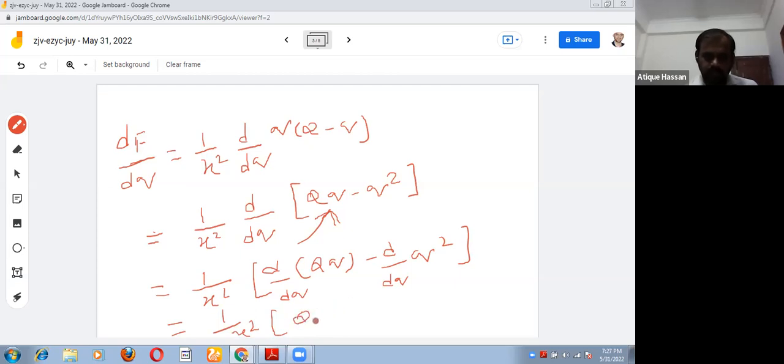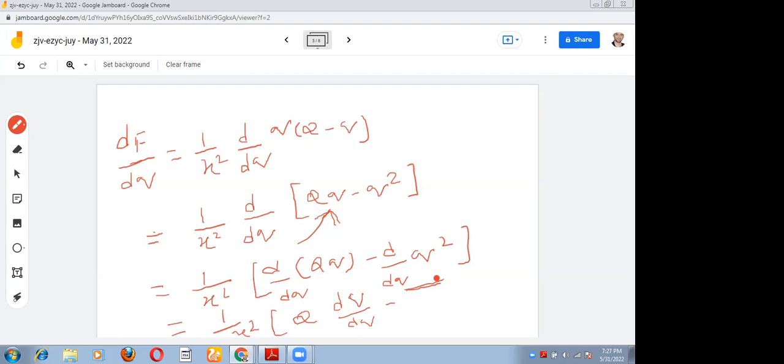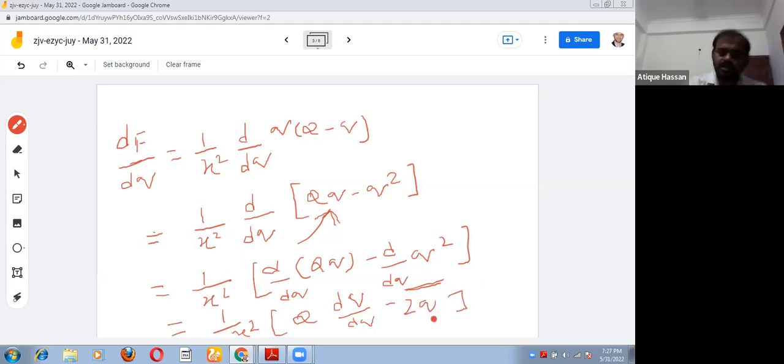This Q will come out and it will become dq squared upon dq. And what is the value of this differentiation? Can you tell? Q squared. 2q. Very good. This will be 2q. In the similar way as x squared, the differentiation of q squared will be 2q. So you got df by dq.